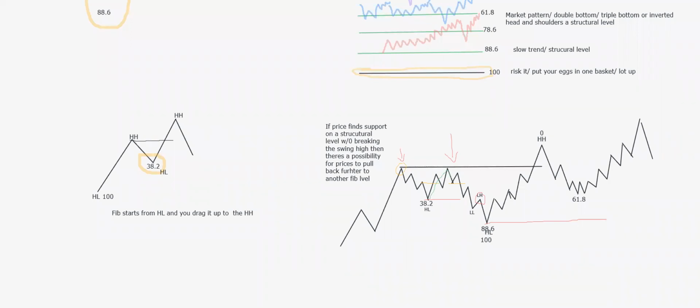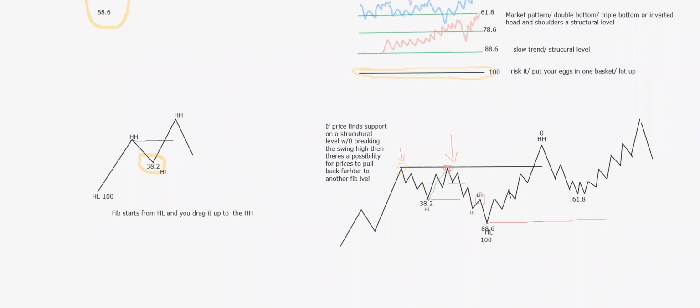Since this high right here wasn't higher than this high, price is going to pull back steeper to a different structure level.